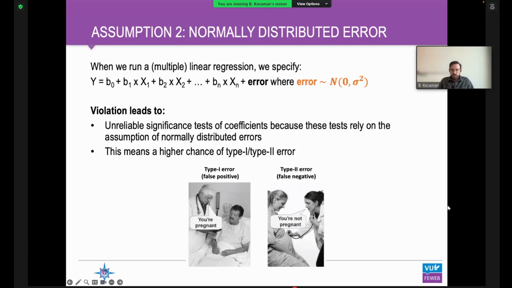In the type 2 error, there is actually an effect. In reality, this woman is pregnant, but you conclude that there is no effect, meaning that you conclude this woman is not pregnant. So if you violate normality, it increases the chances of both type 1 and type 2 errors.